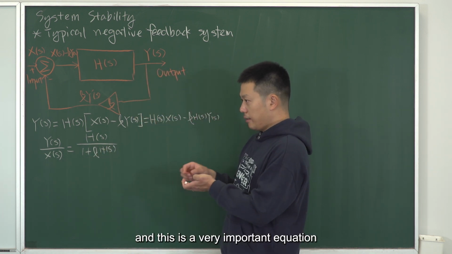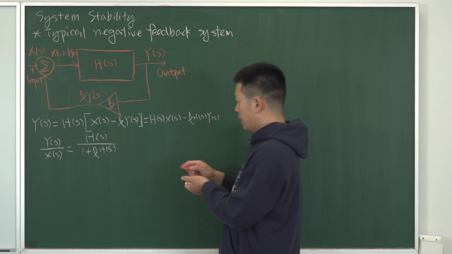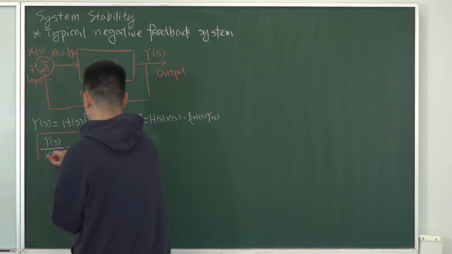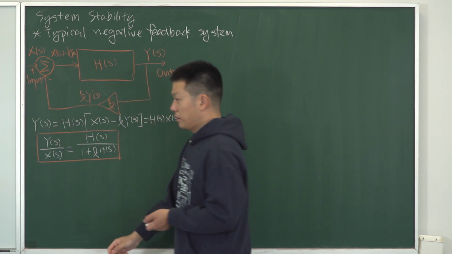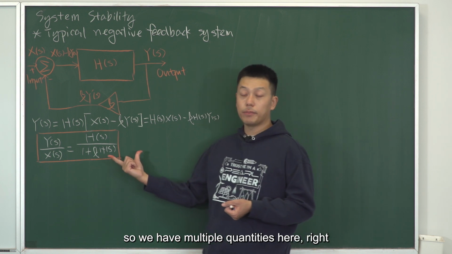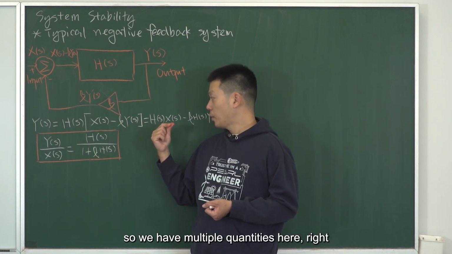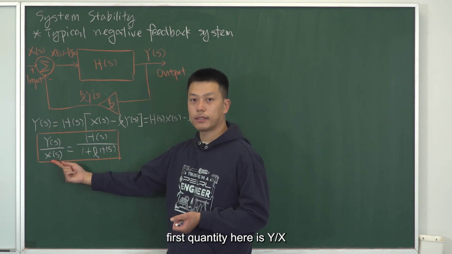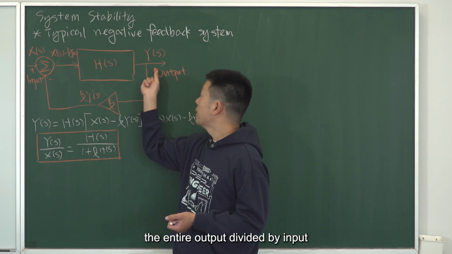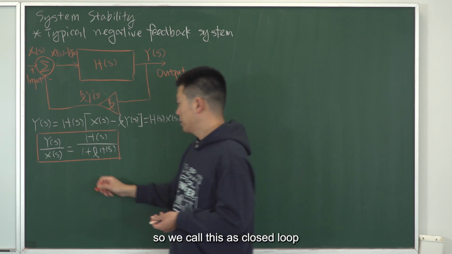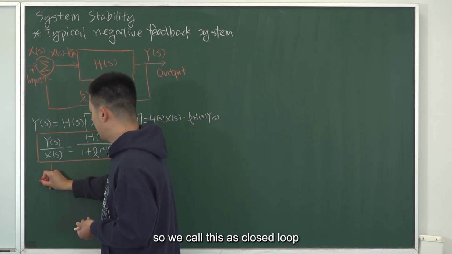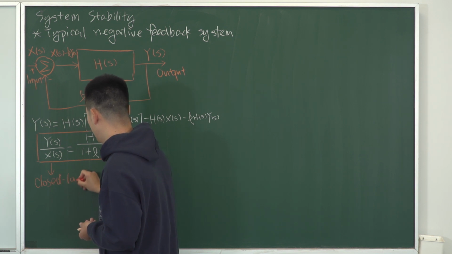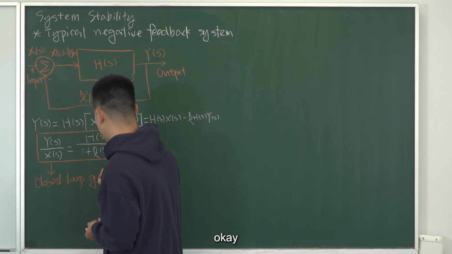And this is a very important equation. We have multiple quantities here, right? The first quantity is Y over X, the entire output divided by input. We call this the closed loop gain.